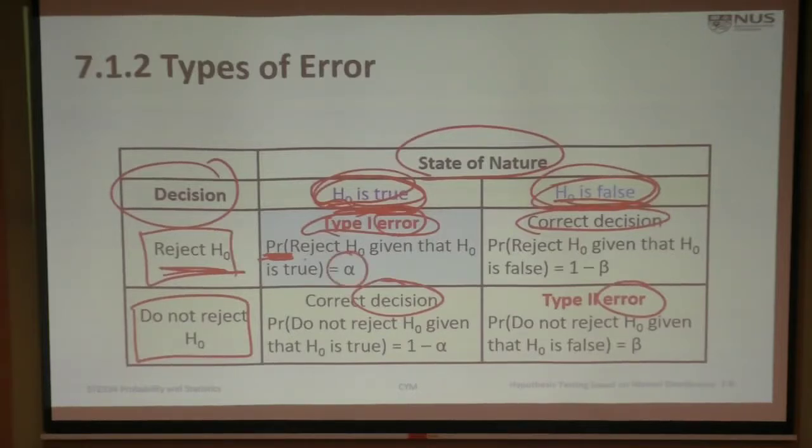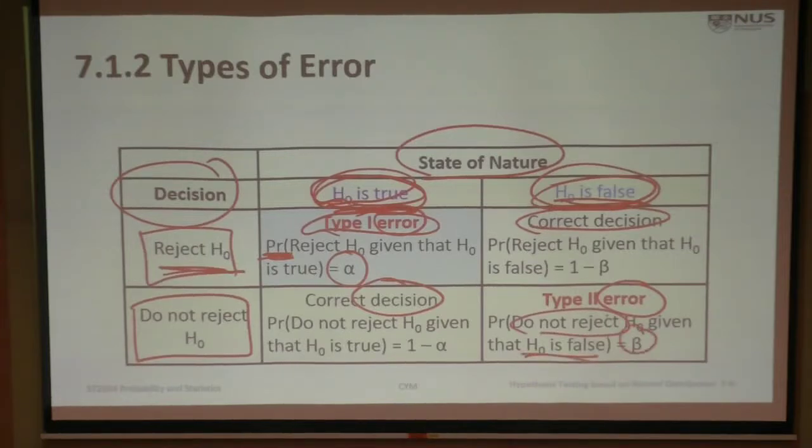What we are going to do is derive a procedure such that the chance of rejecting the null hypothesis when it is true is only alpha. The probability of not rejecting H0 given H0 is false is set as beta. Alpha is the first Greek letter, beta is the second, and they represent the probability of type 1 error and the probability of type 2 error.